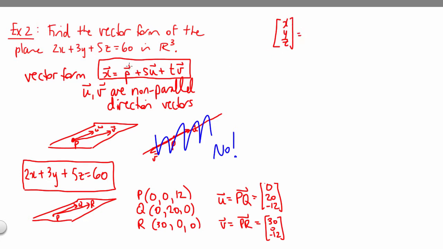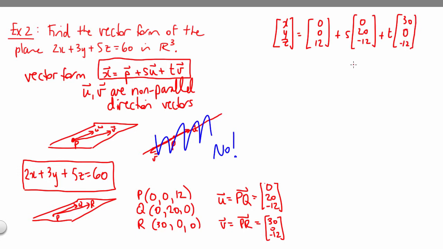Vector P here represents the vectorization of the point P. So let's write (0, 0, 12), and then we're going to go plus s times the vector u, plus t times the vector v. And there we have our vector form.